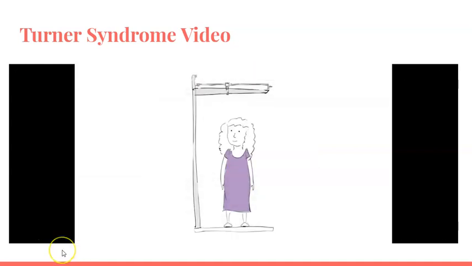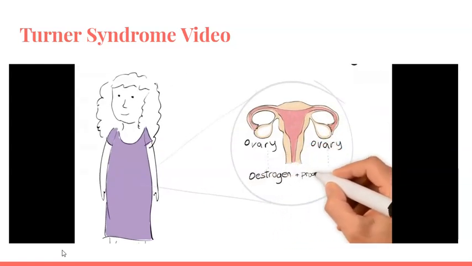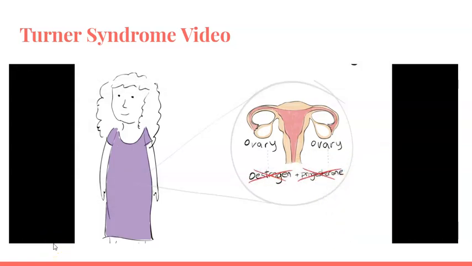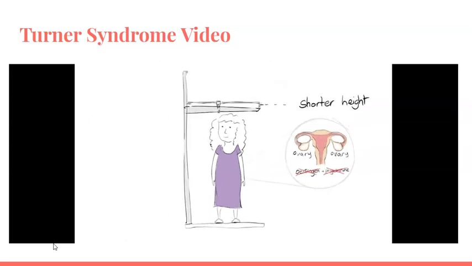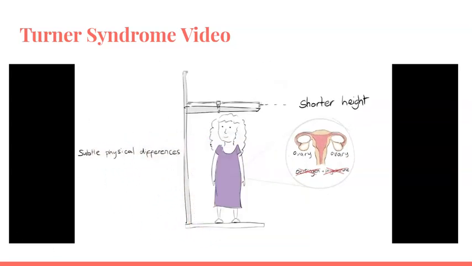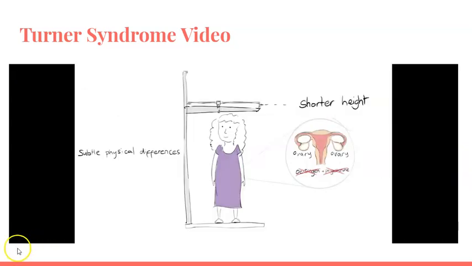So what are the common features of Turner syndrome? Nearly all girls are shorter than average, and their ovaries don't work properly. The ovaries make the hormones estrogen and progesterone. With less of these hormones, girls with Turner syndrome may not have a growth spurt and may not have periods as usual. There are also other more subtle physical differences, for example, having a wide neck or slightly puffy hands and feet.